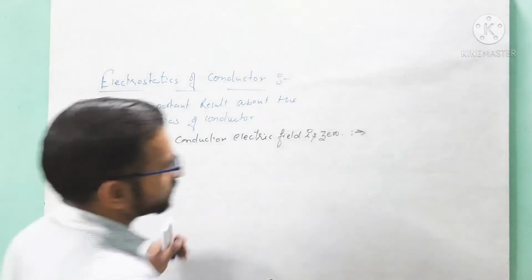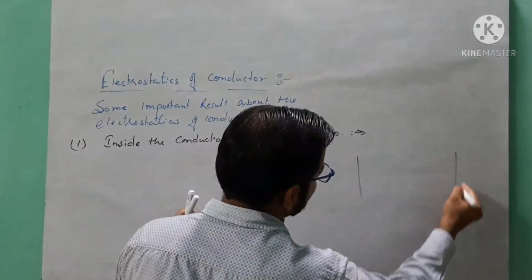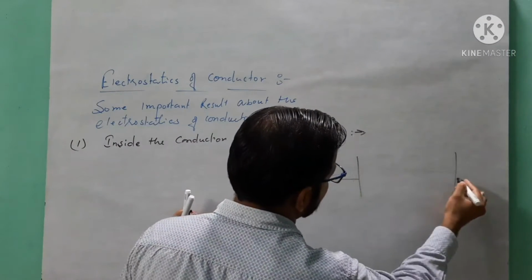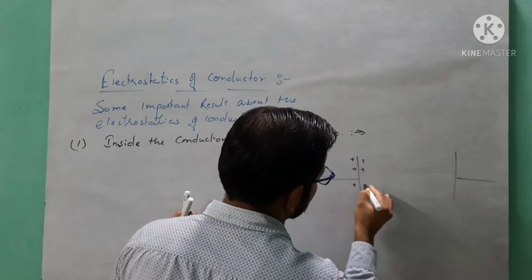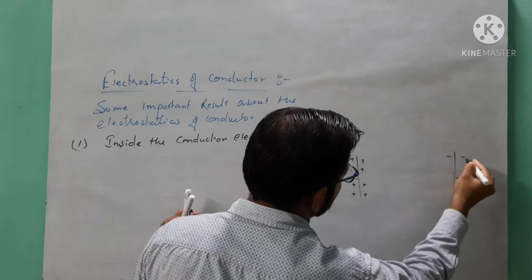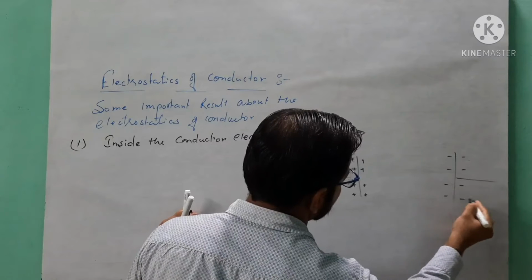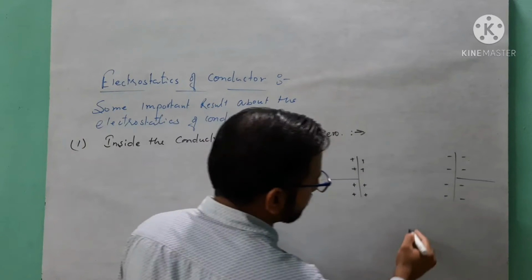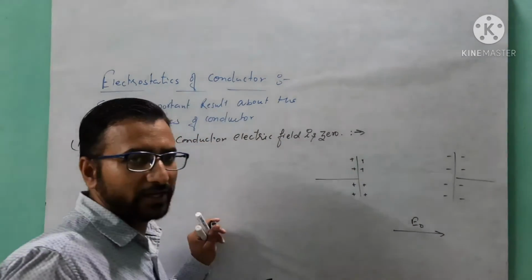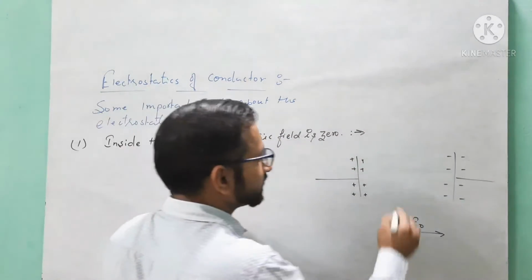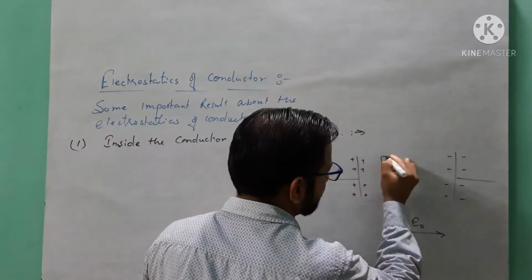Suppose we have a source which is providing some external electric field. This is our external electric field E0, having direction from positive charge to negative charge, and inside this I have placed a conductor.